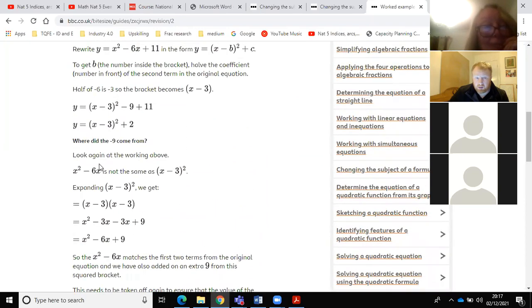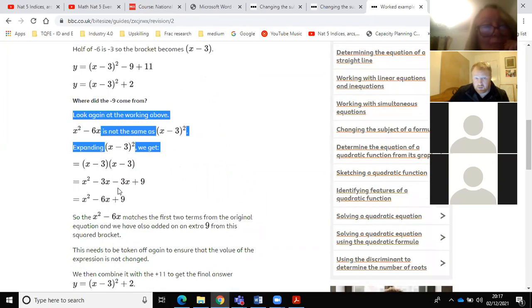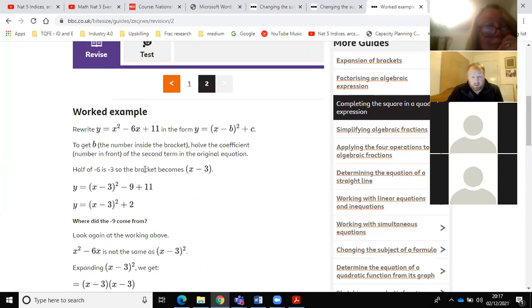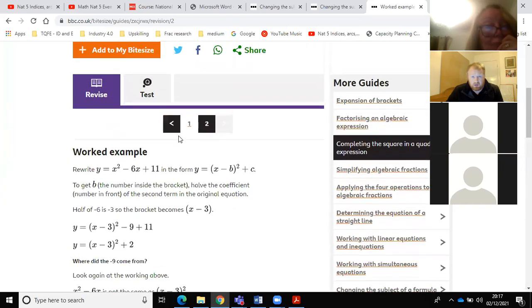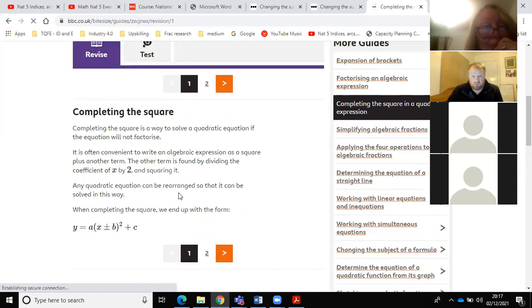So this adds no value. Simple as that. I think as an explanation for completing the square, BBC Bitesize, that's probably the worst example I've ever seen. It just doesn't make sense.